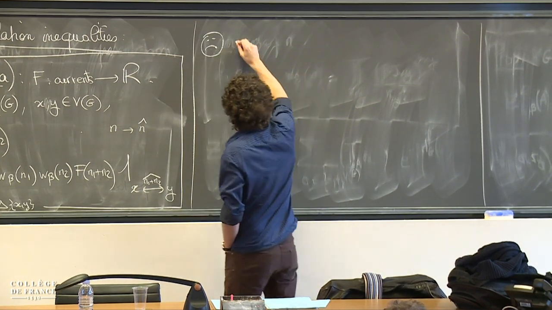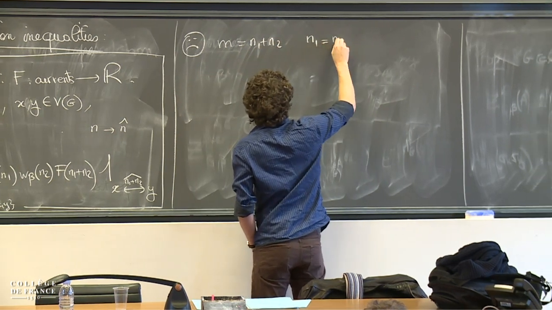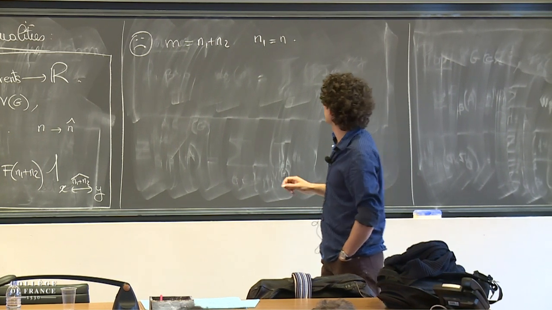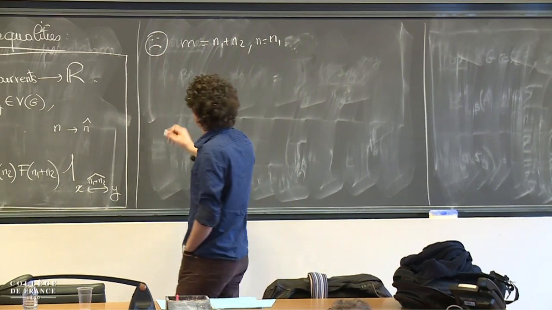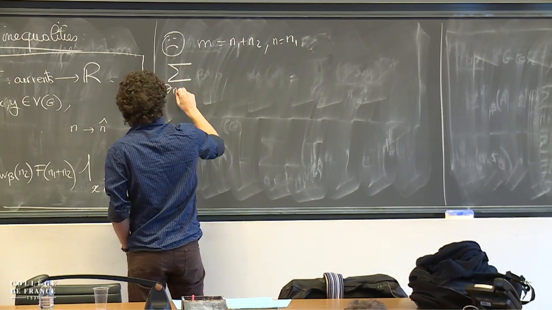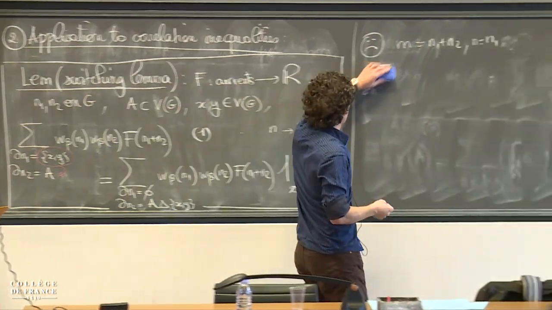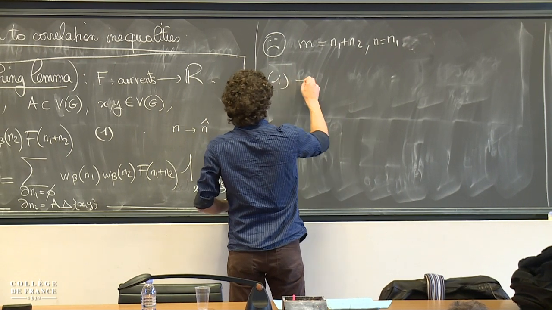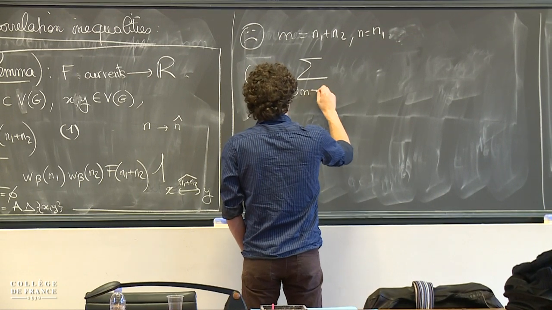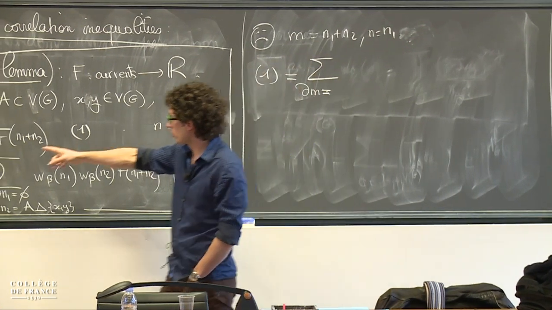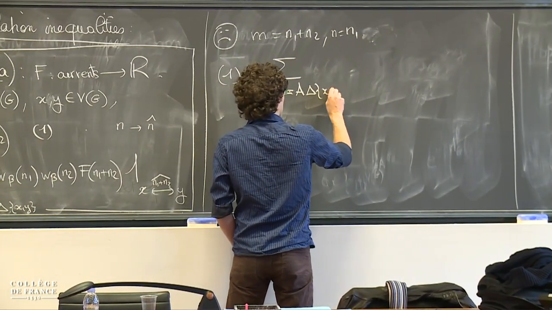So we are going to write m to be n1 plus n2, and n1 to be n. Okay, so I'm changing the summation. Let's call it 1. So if I rewrite it in terms of m and n, you can check, it's a very simple thing, that m is the sum of the two, so the sources are going to be a symmetric difference with x and y.